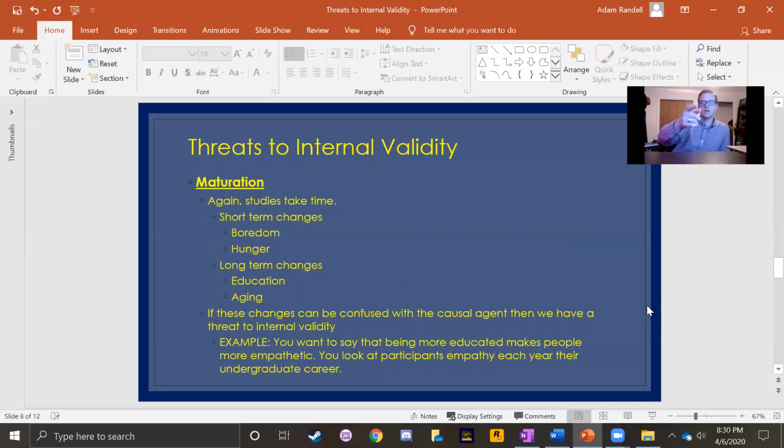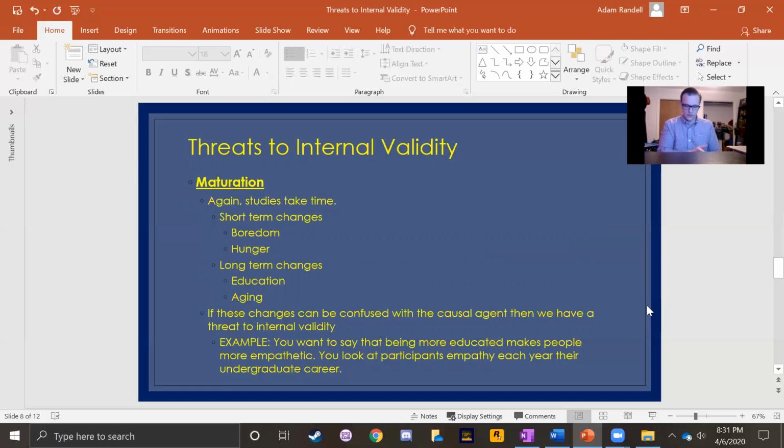All right. So, in terms of a longitudinal one, let's say you want to say that being more educated makes people more empathetic, right? And so you look at participants' empathy each year of their undergraduate career. Well, it may be that something about aging makes people empathetic, and it has nothing to do with education, all right? So this design would have maturation as a threat to internal validity, because it may be education, right?